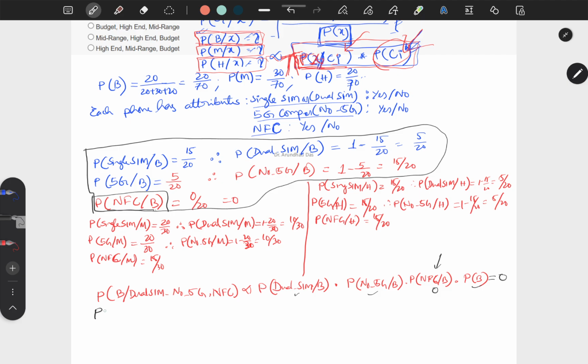Then the probability of the next one, that it is a mid range phone given the feature values dual SIM, no 5G, NFC.